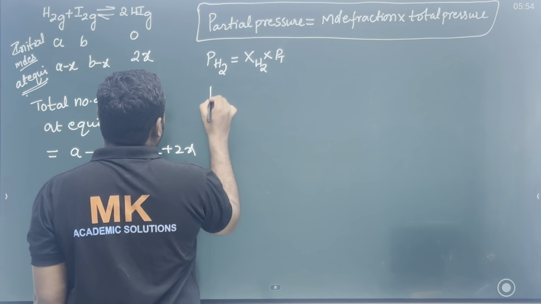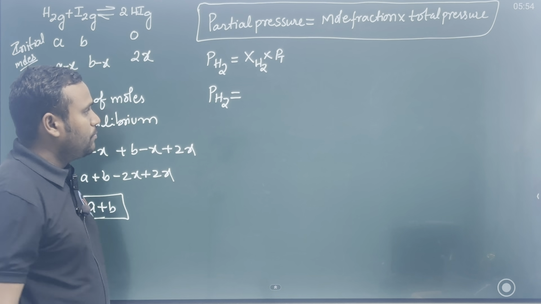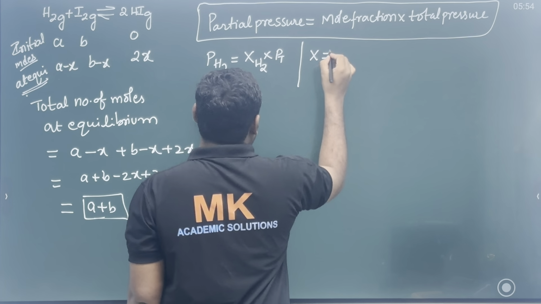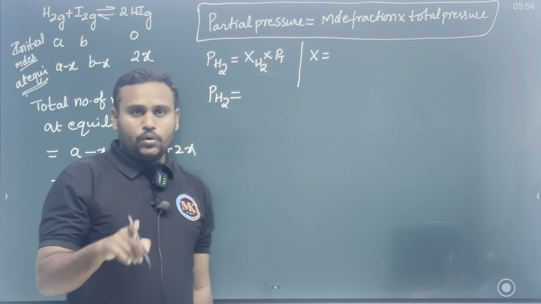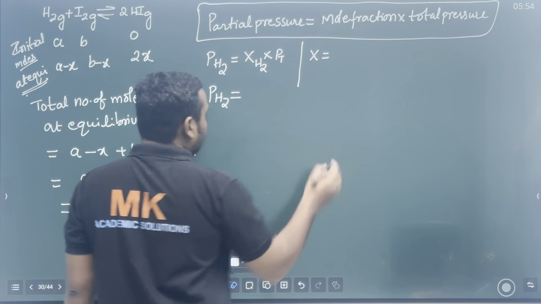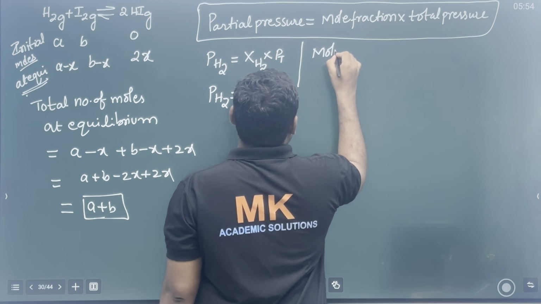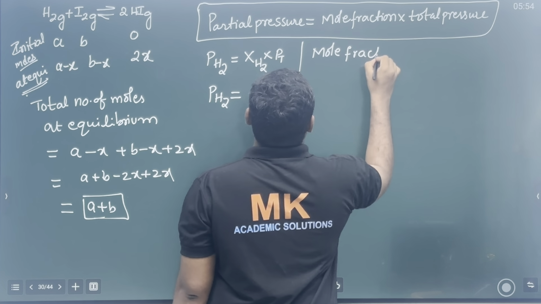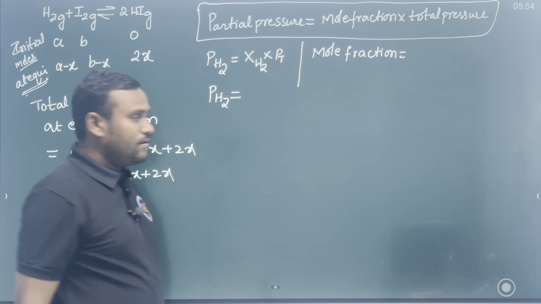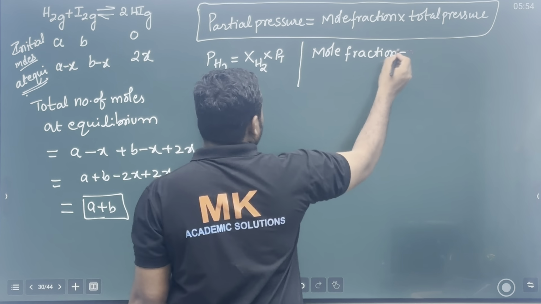We know the mole fraction formula: mole fraction is equal to the number of moles of a particular substance by the total number of moles. Remember that formula also. Okay, so or else here we will represent.